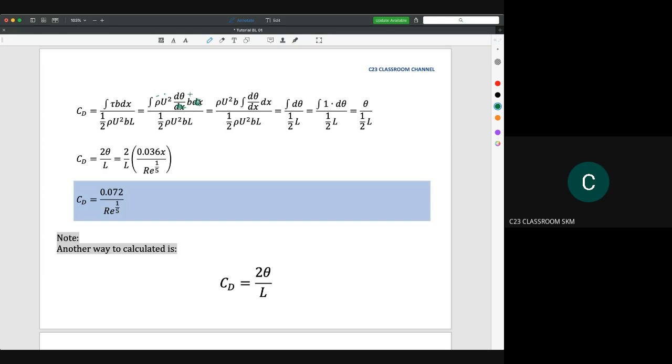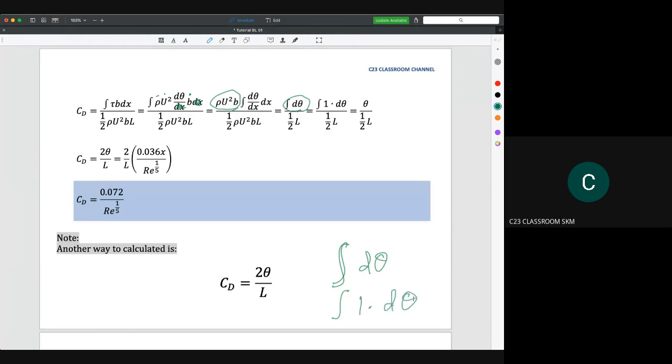Then we are doing the integration of d theta, which is the integration of 1 times d theta.